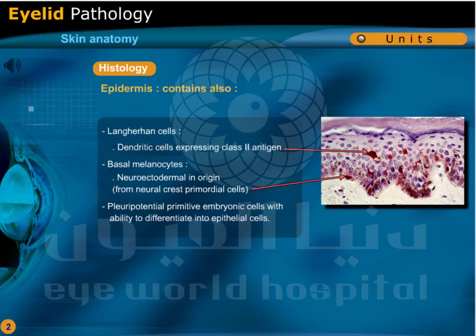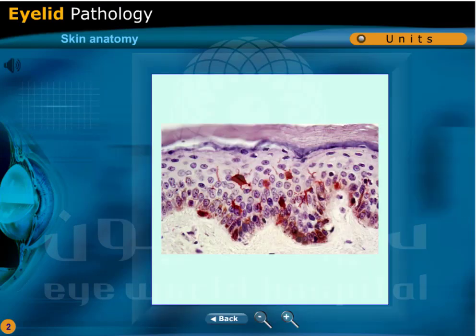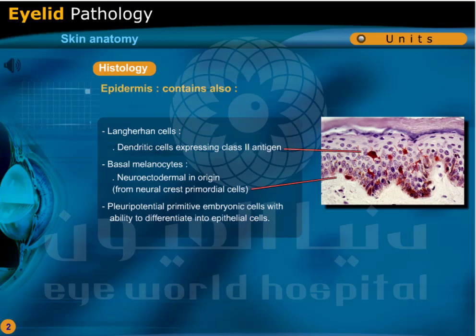The epidermis also contains Langerhans cells, which are dendritic cells expressing class II antigen, and basal melanocytes, which are neuroectodermal in origin from neural crest primordial cells, pluripotential primitive embryonic cells with ability to differentiate into epithelial cells.